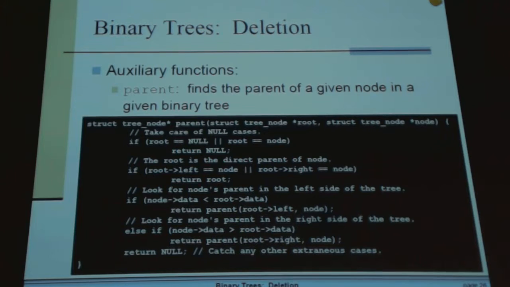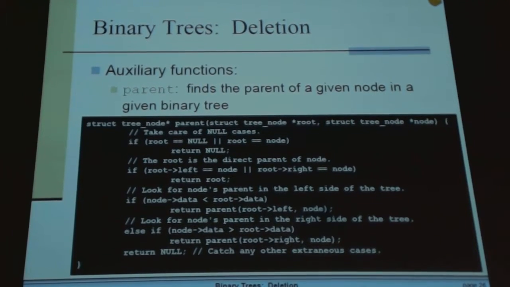Which way is that going to take us on that tree? Right, if it's less than, then it's left. This gives us the opportunity to recursively search the left side of the root for the value we're trying to delete. Otherwise, if it's greater than, then it must be on the right of our root node.